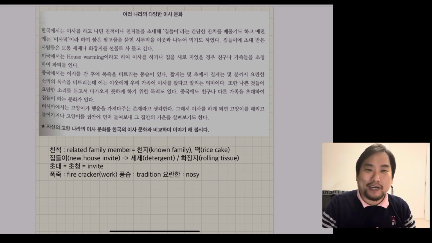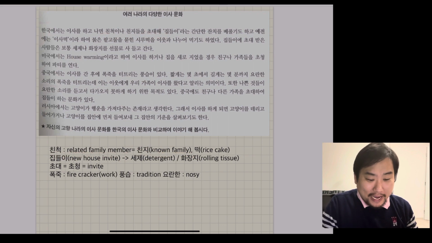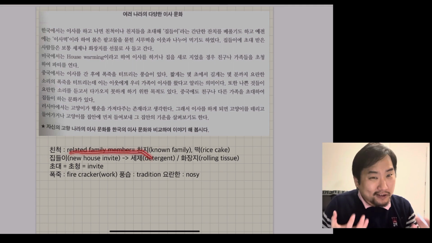It is your homework. 한국에서는 이사를 하고 나면 after moving in Korea 친척이나 친지들을 초대해. 친척 is related family member and 친지 is also the same but 지 is already known. So known family or related family member is almost the same.